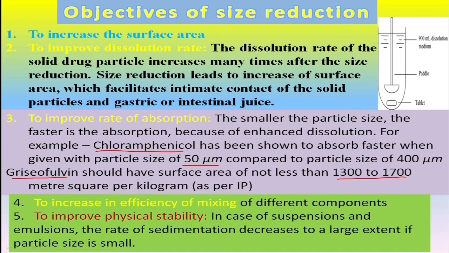Next, 4, to increase the efficiency of mixing. For proper mixing, the particles should be small and of uniform size. If we mix small uniform-sized particles, the mixing will be proper.